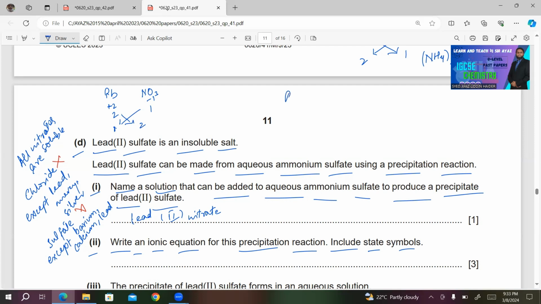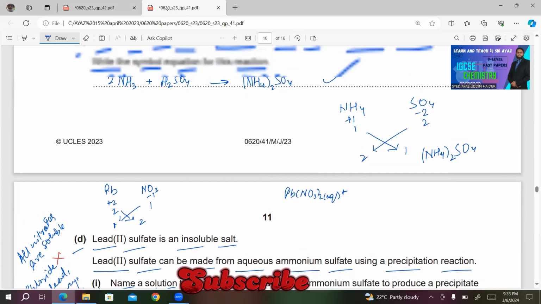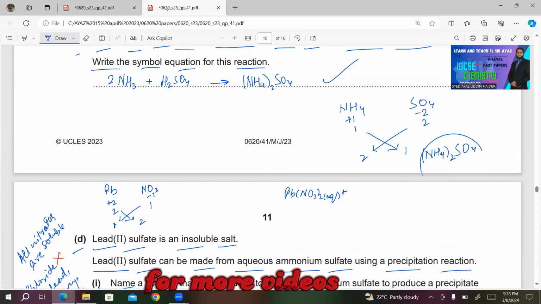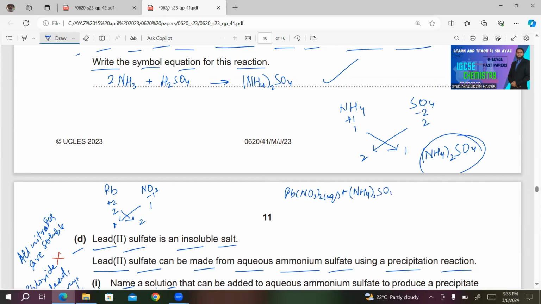So it must be Pb(NO3)2 aqueous. What about ammonium sulfate? This is the formula for ammonium sulfate, so I will write (NH4)2SO4 aqueous. The products we are getting are lead 2 sulfate, PbSO4 solid, plus ammonium nitrate, 2NH4NO3.